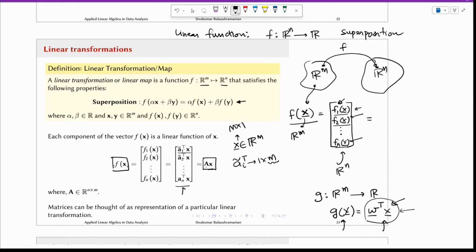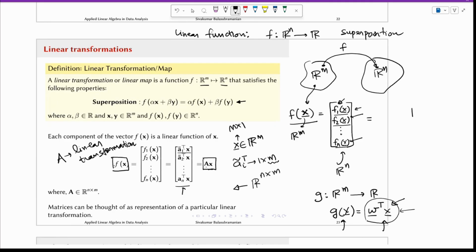That means these matrices that we talk about are interesting. Each one of them can be thought of as representing a linear transformation. You can use that matrix to transform a vector X into another vector, and that transformation will represent a linear transformation. Okay. So matrices represent linear transformations, right?